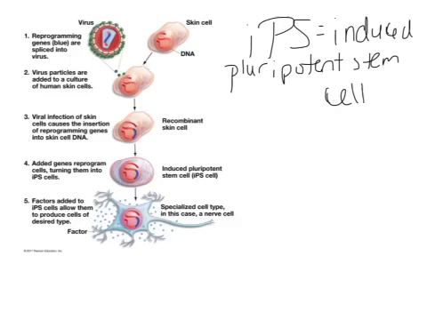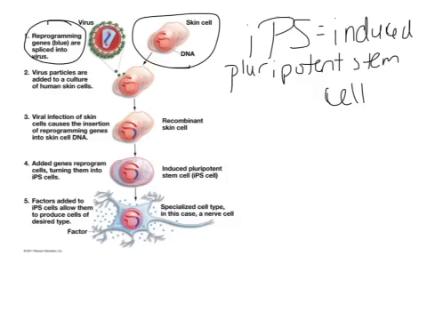And so basically these are reprogrammed genes that are spliced into a normal human skin cell, or a human somatic cell. In this instance it is a human skin cell. It's got the DNA that's already in the skin cell, and then there are reprogrammed genes which are spliced into the virus.